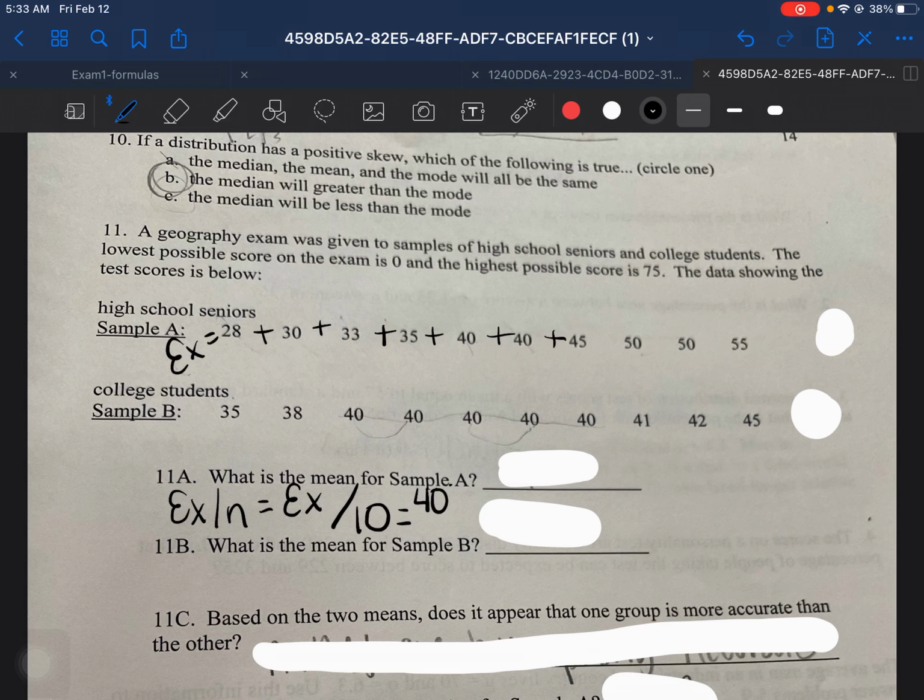I got 406 over 10. But I am going to go ahead and do that one more time just to make sure I didn't enter anything in wrong.